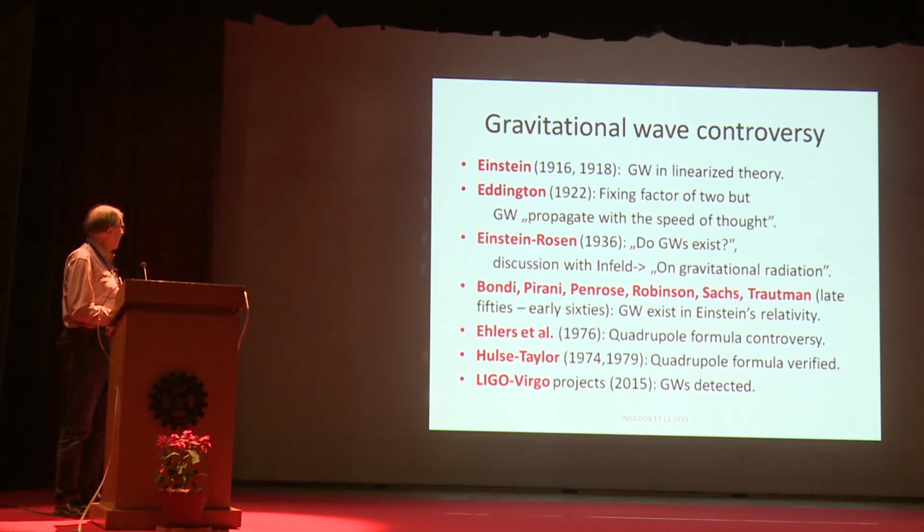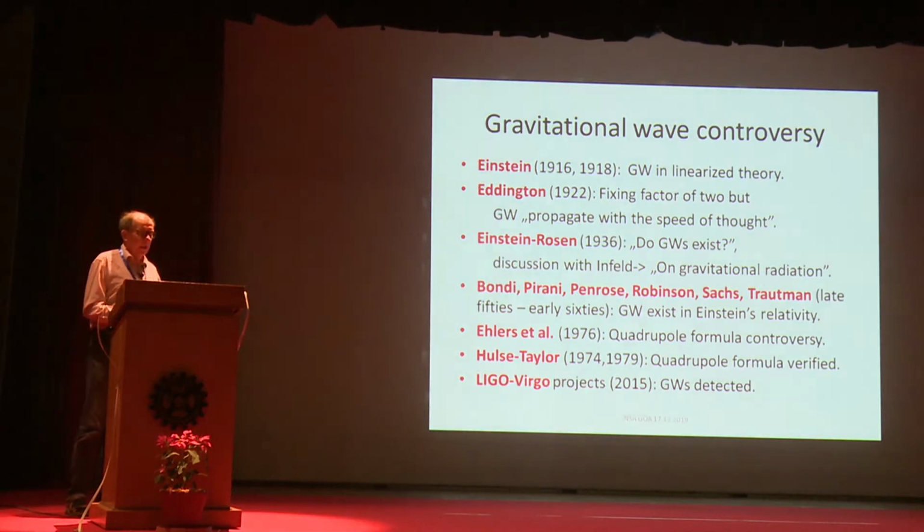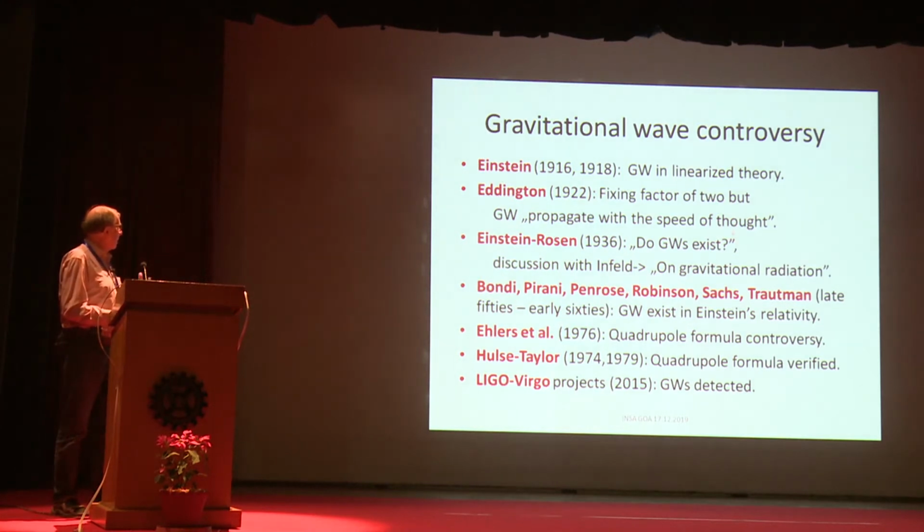Then later on, Einstein himself wrote a paper with Rosen under the title "Do gravitational waves exist?" And he claimed that they do not exist. He considered a cylindrical solution with some singularities, and thought that because there are singularities, it's unphysical.